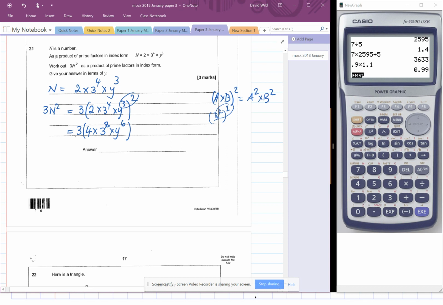So that's what we get. This is all in terms of y's, only numbers and y's. So that's fine. As a product of prime factors, is this prime? No. Because of this 4, we need to write that 4 as 2 times 2. So this is 3 times 2 times 2 times 3 to the 8 times y to the 6. That's our answer.